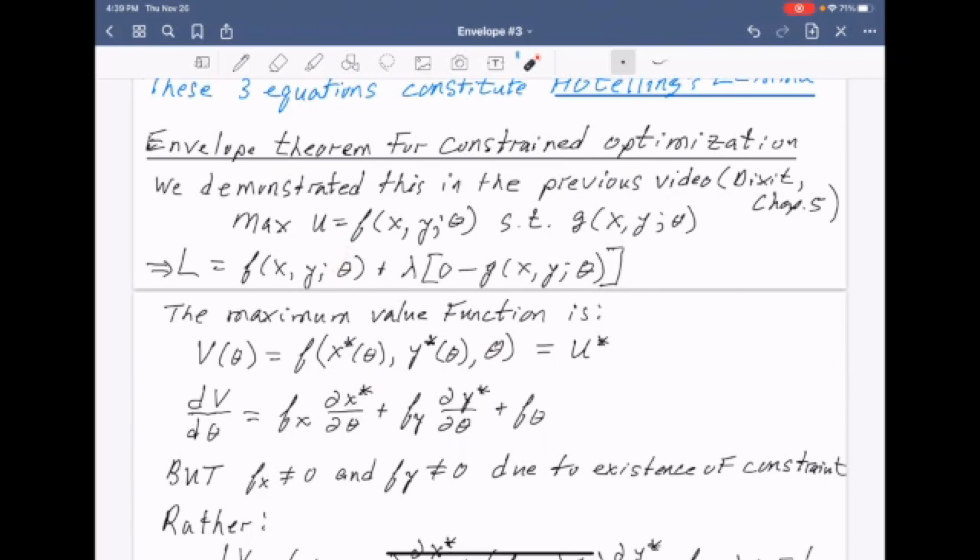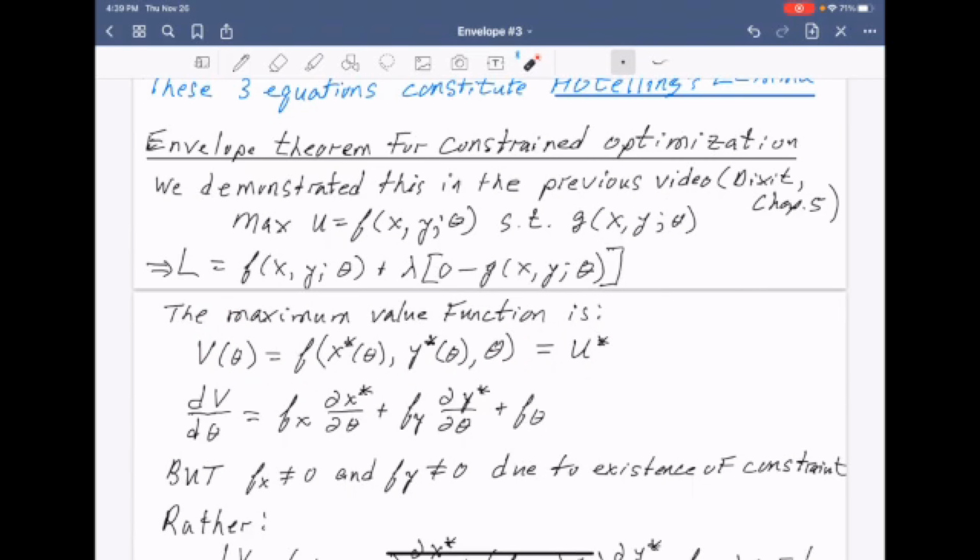So we've put in these optimal values here and this one here, and we've got theta, and that's equal to U star. Remember that by the envelope theorem, the maximum value function and this U star, which is the direct utility function, are tangent at that point, which is the point that we're looking at here.